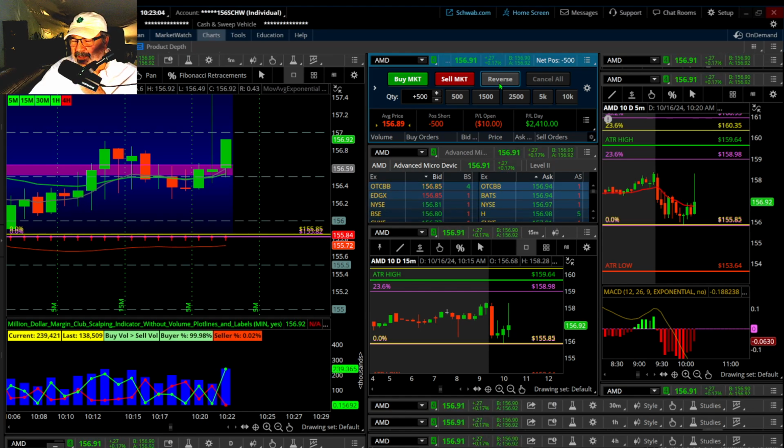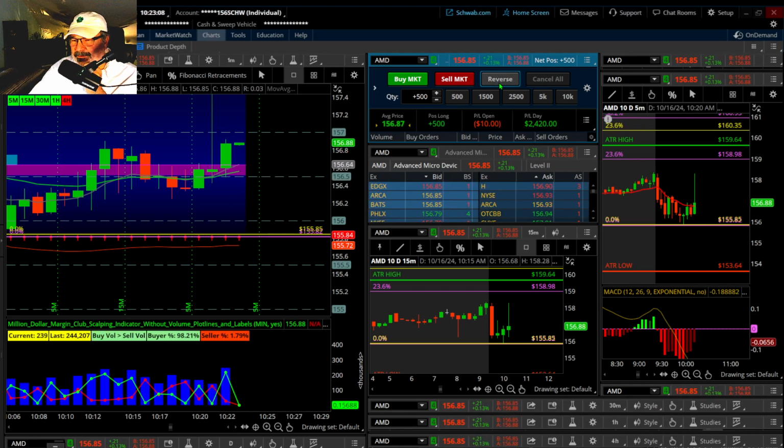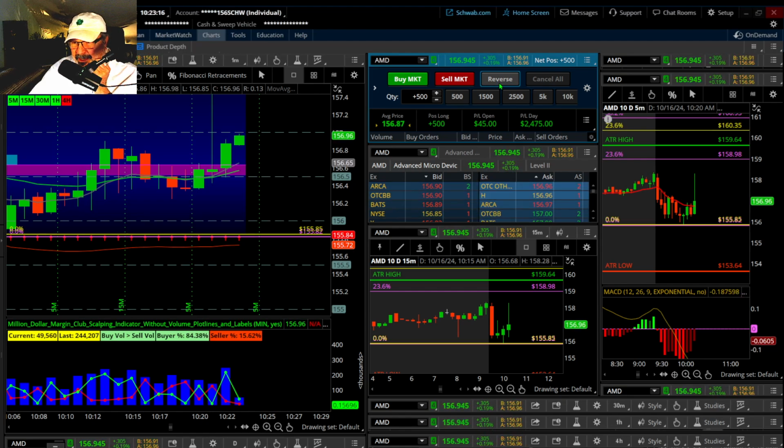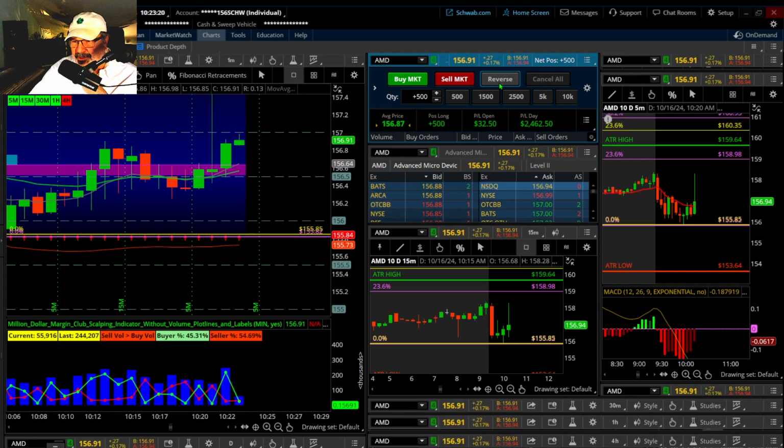Let's see if it pulls off down off that. Nope, nope, nope. We got to go. Just look at the scalping indicator. Look at the multi-chart alignment. I just started to really zero in on what I was looking at there, and it looked like everything is saying it's going to at least get to the 157. I did not want to be going short right there. And it might punch through it.